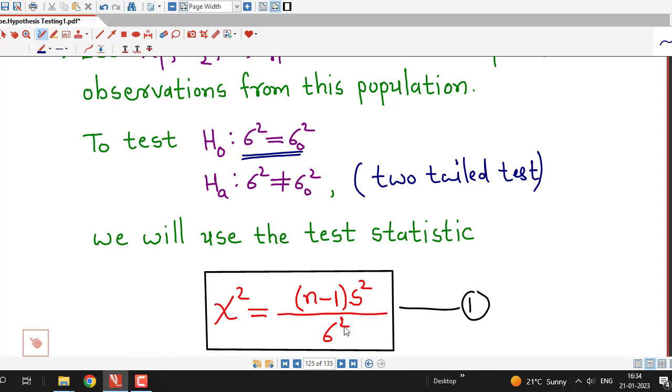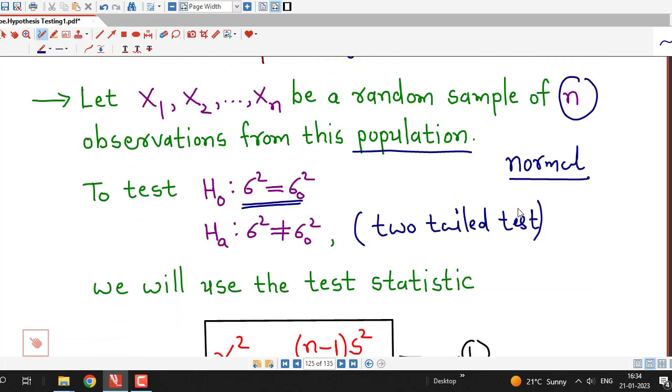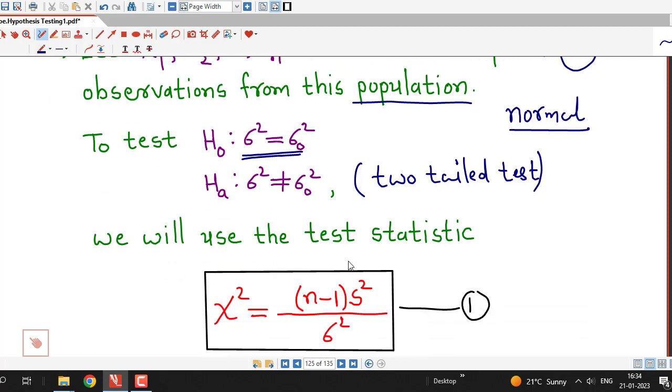Here we are considering a random sample of n observations from a population having a normal distribution, and we know that if we have a sample of size n from the normal population, then this random variable, n minus 1 times s square over sigma square, follows a chi-square distribution with degrees of freedom equal to n minus 1.